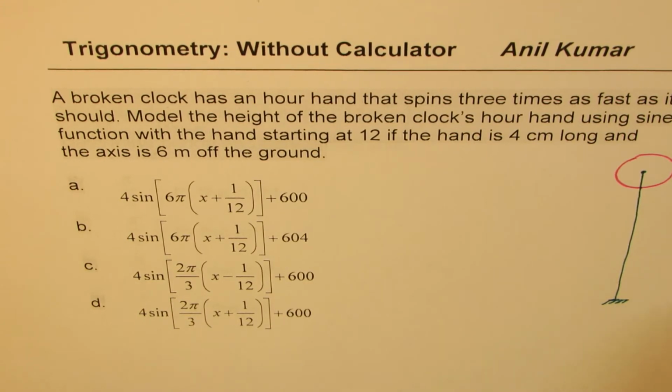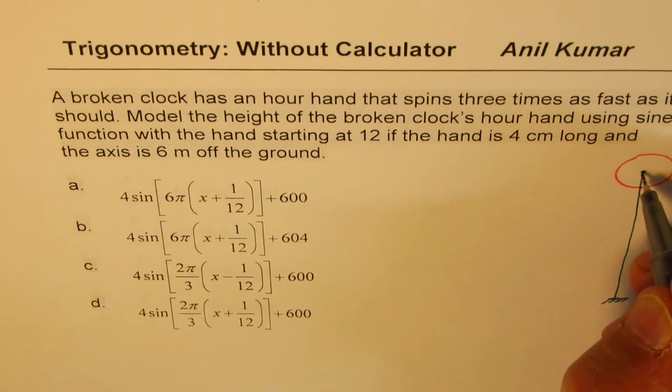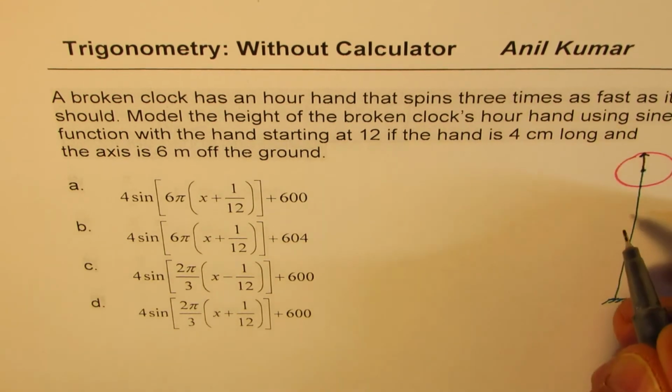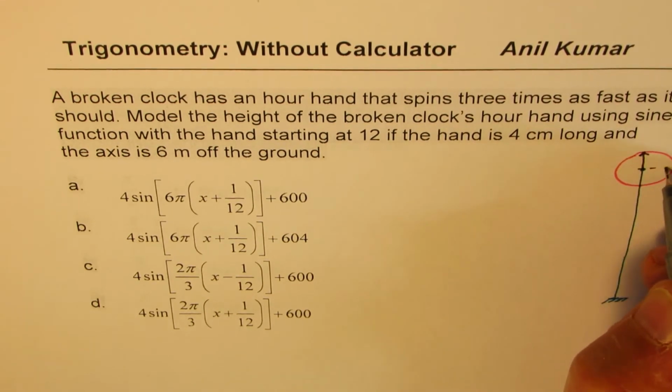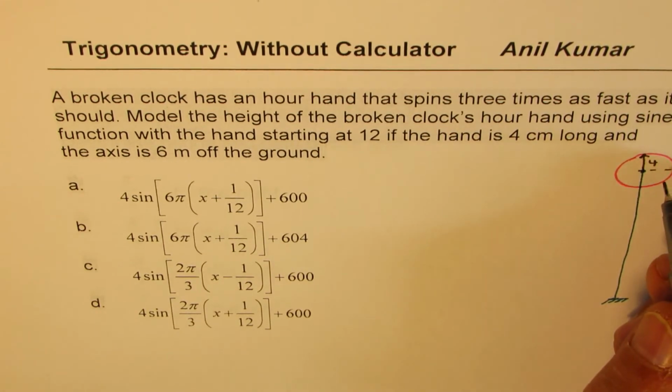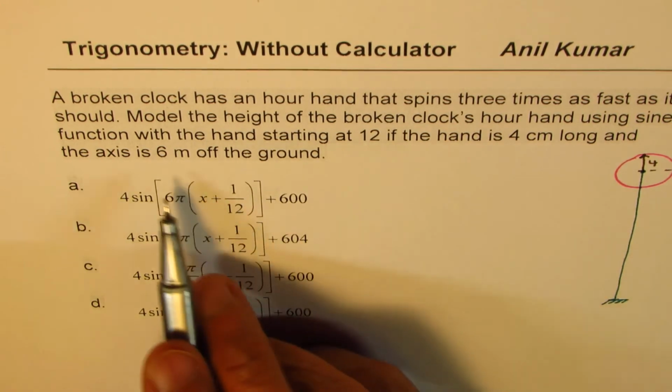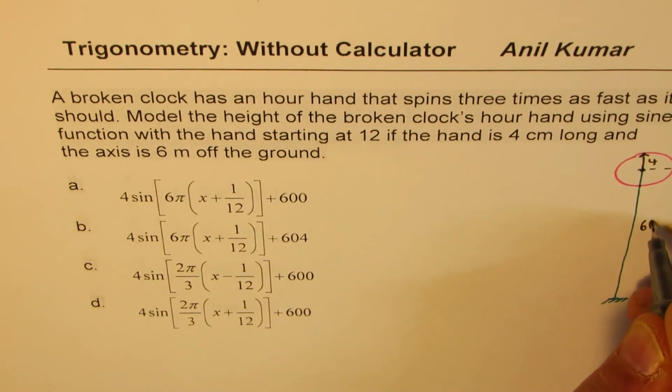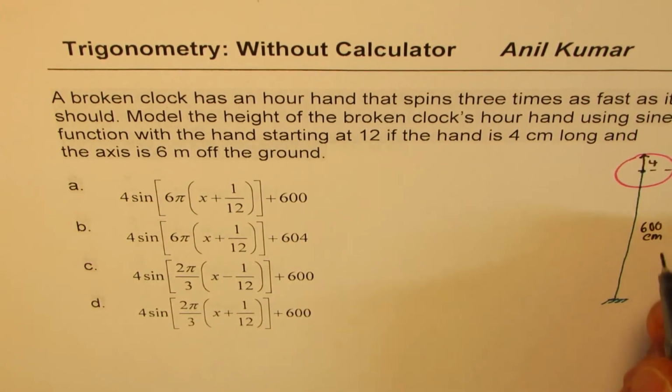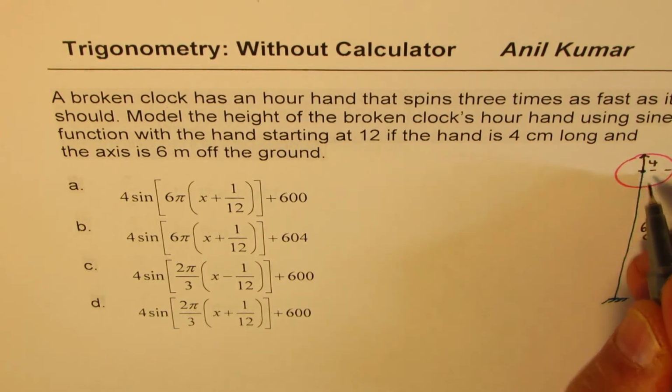We are also given that the hour hand starts with this position and the distances are, this is 4 in centimeters. 6 meters will mean 600 centimeters. Is it okay? So that is the axis.